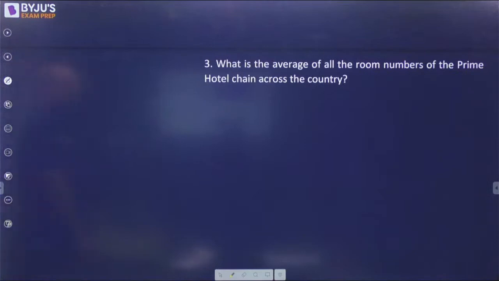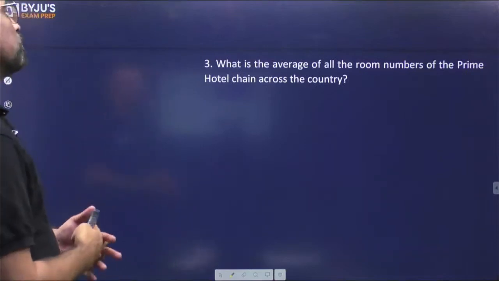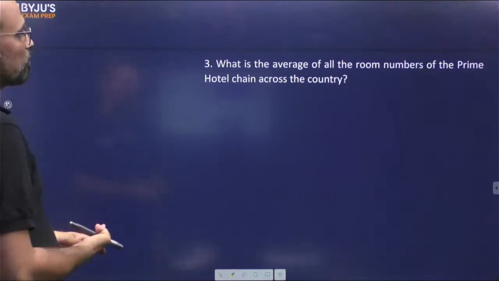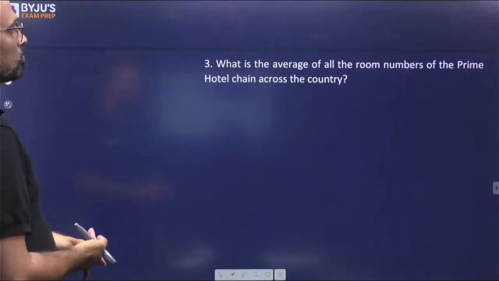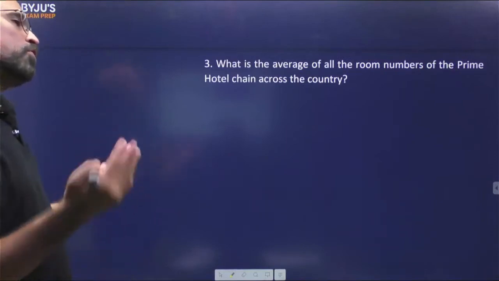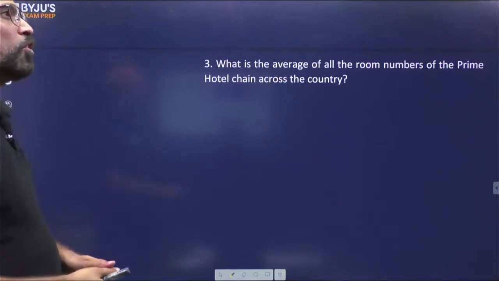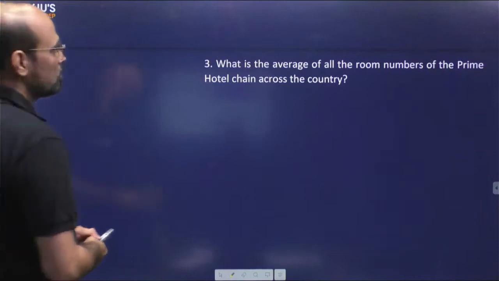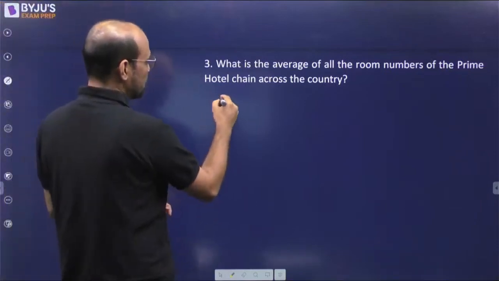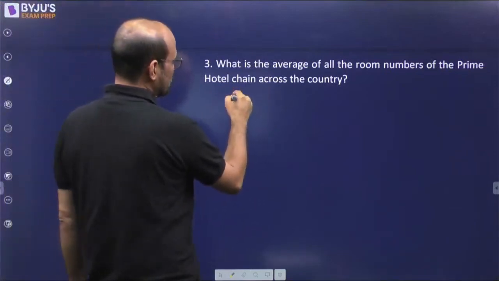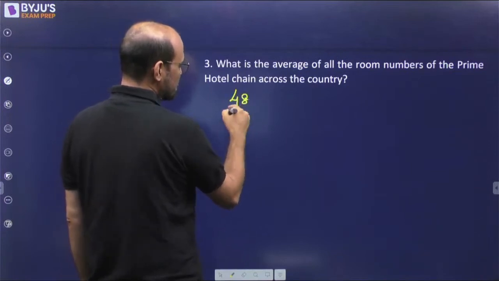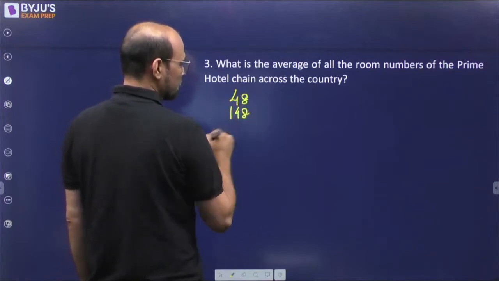Next is what is the average of all the room numbers of the prime hotel chain across the country? So we need the average of all the numbers. Well, if we want to take the average of all the room numbers, can we say one of the hotels is going to have 48 as the average and 148?